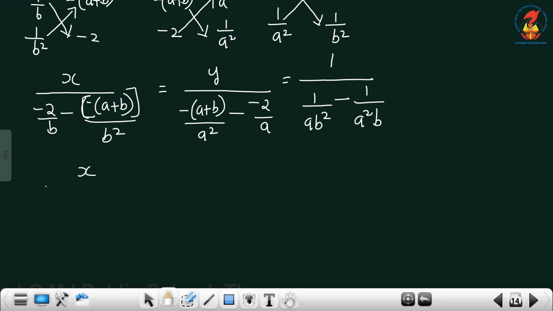Next, x by, take the LCM b square, you multiply here also b, minus 2b.